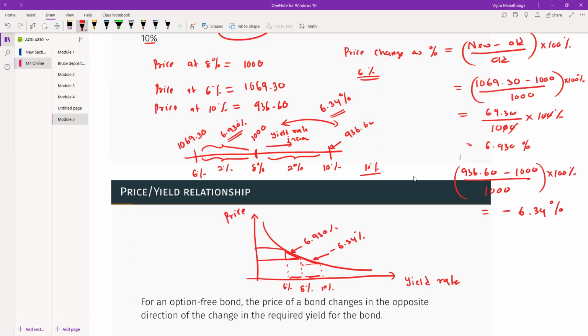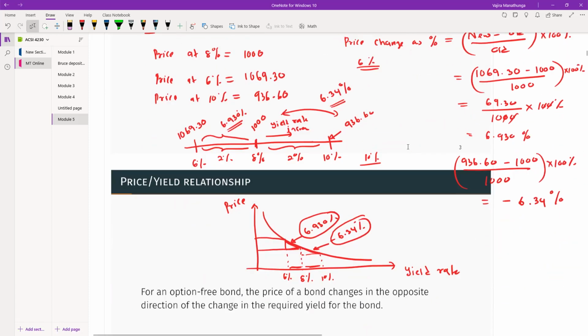The reason you have two different price changes is because of the curvature of this graph. So that's going to come up in our discussion. You can right away observe that the price change when the yield rate changes is different, even though the yield changed by the same amount from 8%. So these are things you need to observe.